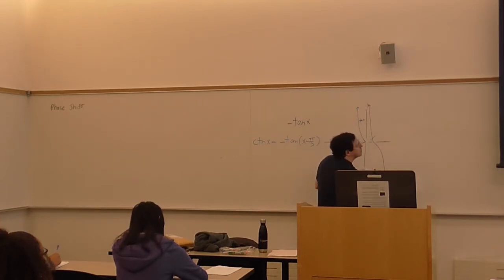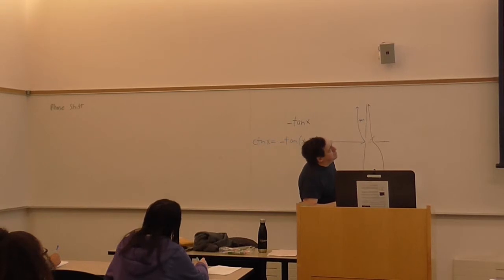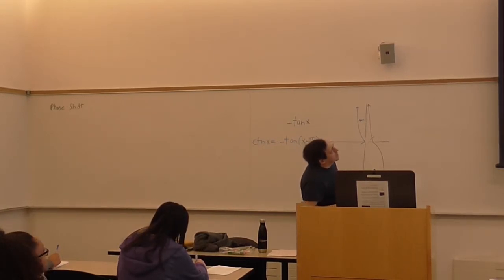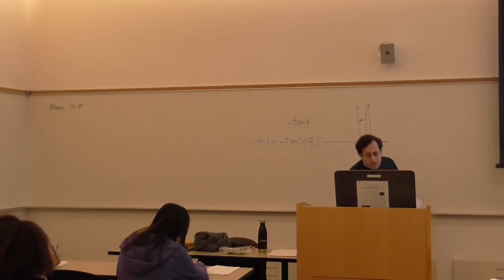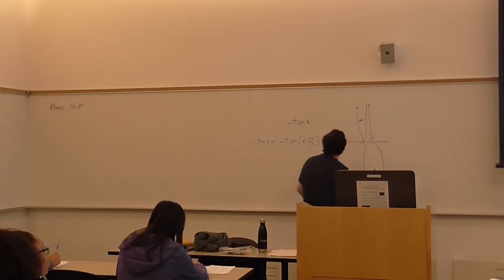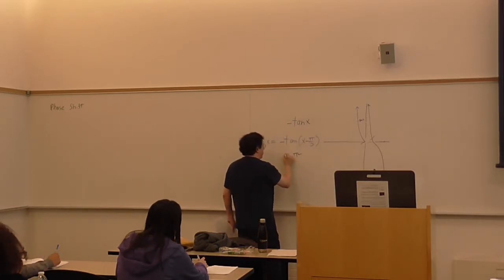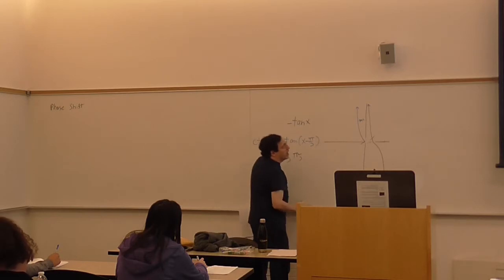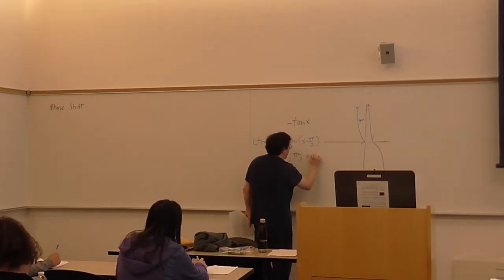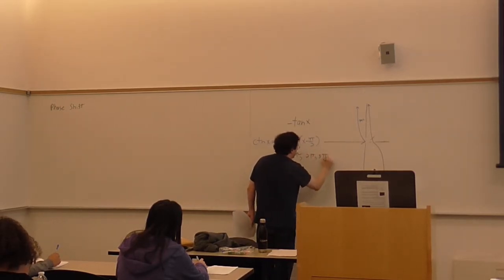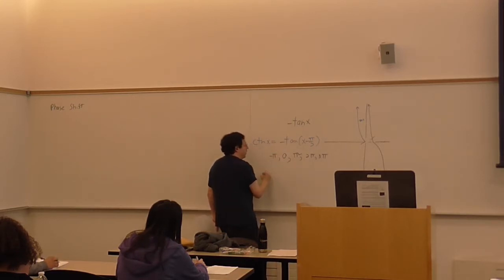Is that right? I think I'm making an error here. Okay, it's not defined at pi over 2, it's at pi and 0. And that repeats, right? 2 pi, 3 pi, negative pi.